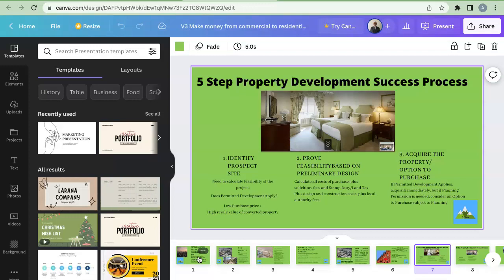So the second stage is, having identified prospects from a long list of suspect sites, we can then prove the feasibility based on a preliminary design.